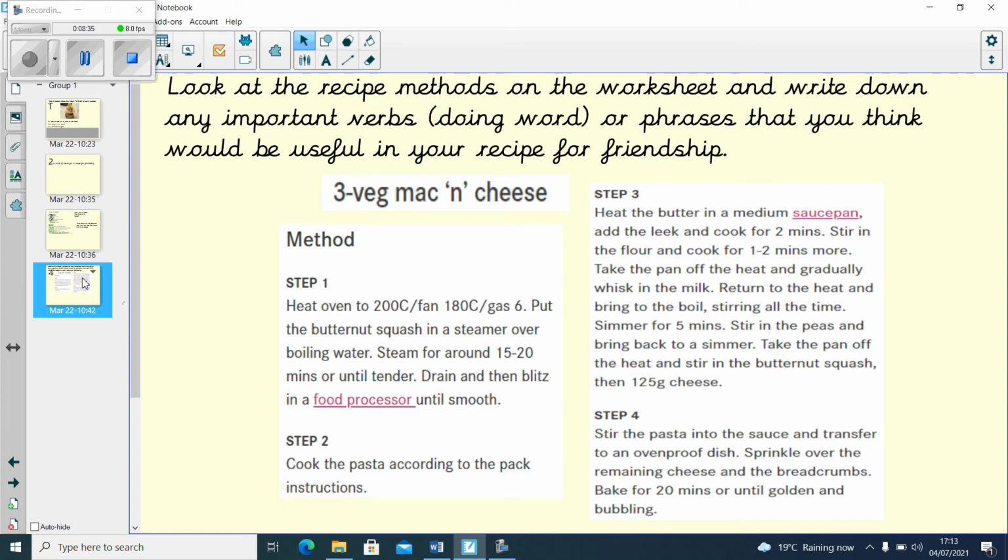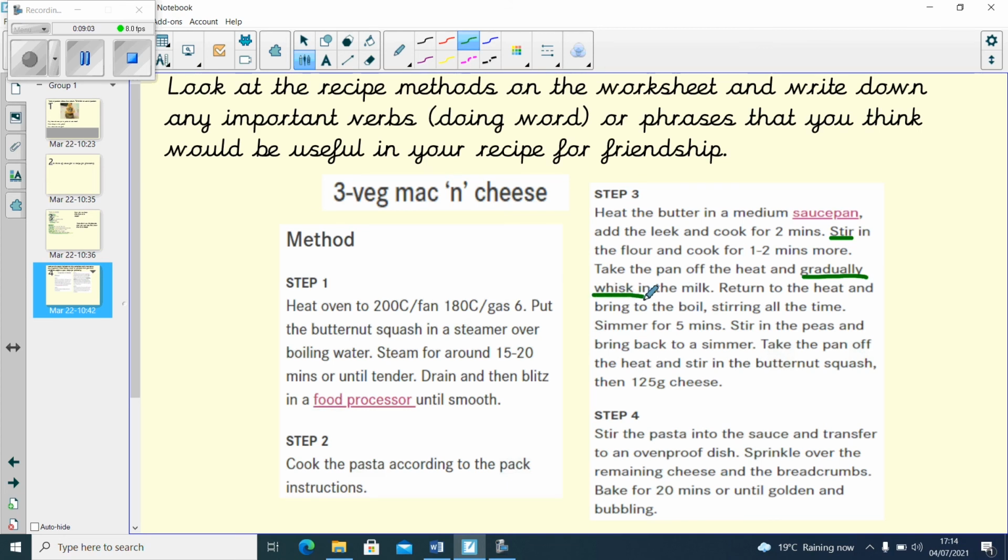Okay, so what you might do, for example, if you get your sheet up and have a read through, you might think, oh, I like the word stir, I would use that in my recipe. And you might even think, oh, I quite like this bit here as well. Gradually whisk.